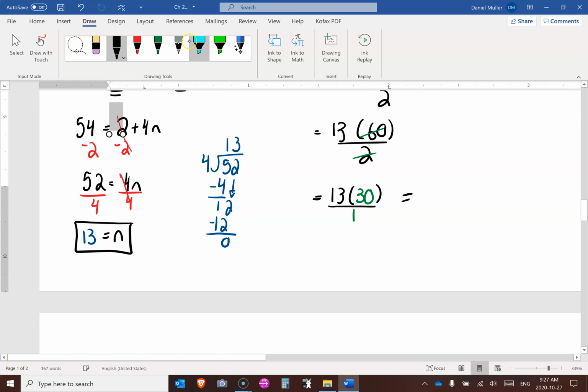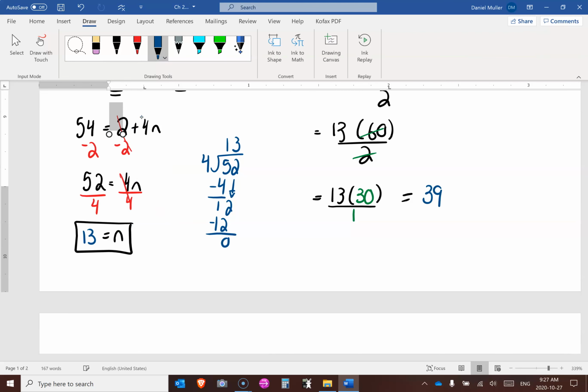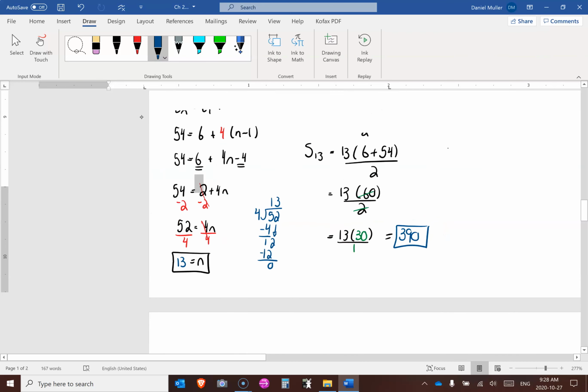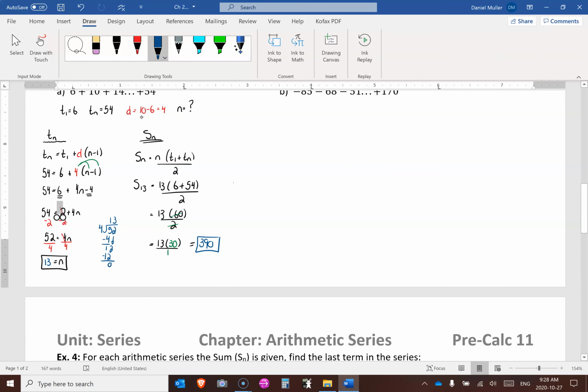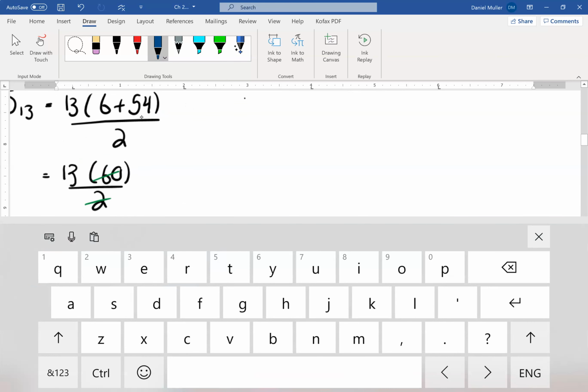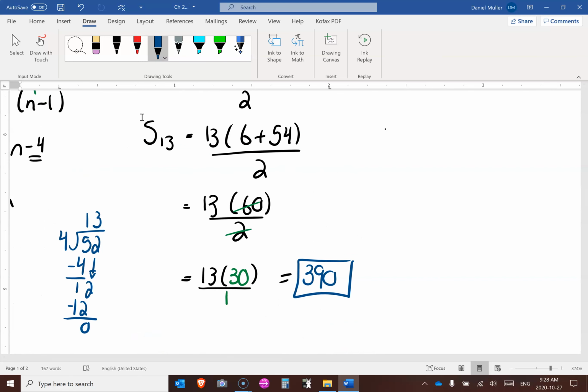You should know this because there's a 30 here. 13 times 3 is 39, and there's a 0, so my sum is 390. If you needed to, you could do 13 times 30 off to the side. I would do it that way because then the 0 can multiply through, but it should get you 390.